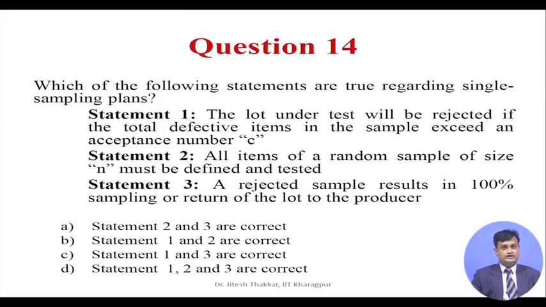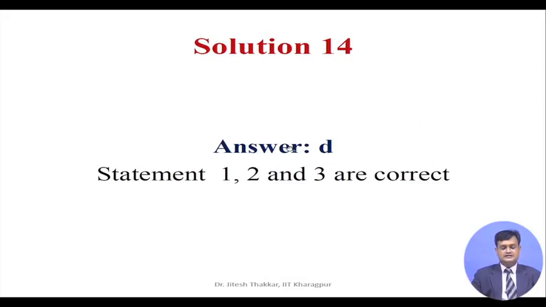And statement 3, a rejected sample results in 100% sampling or return of the lot to the producer. You can look at the options A, B, C and D and find out which one is correct. The correct answer for question 14 is D. Statements 1, 2 and 3 are correct.